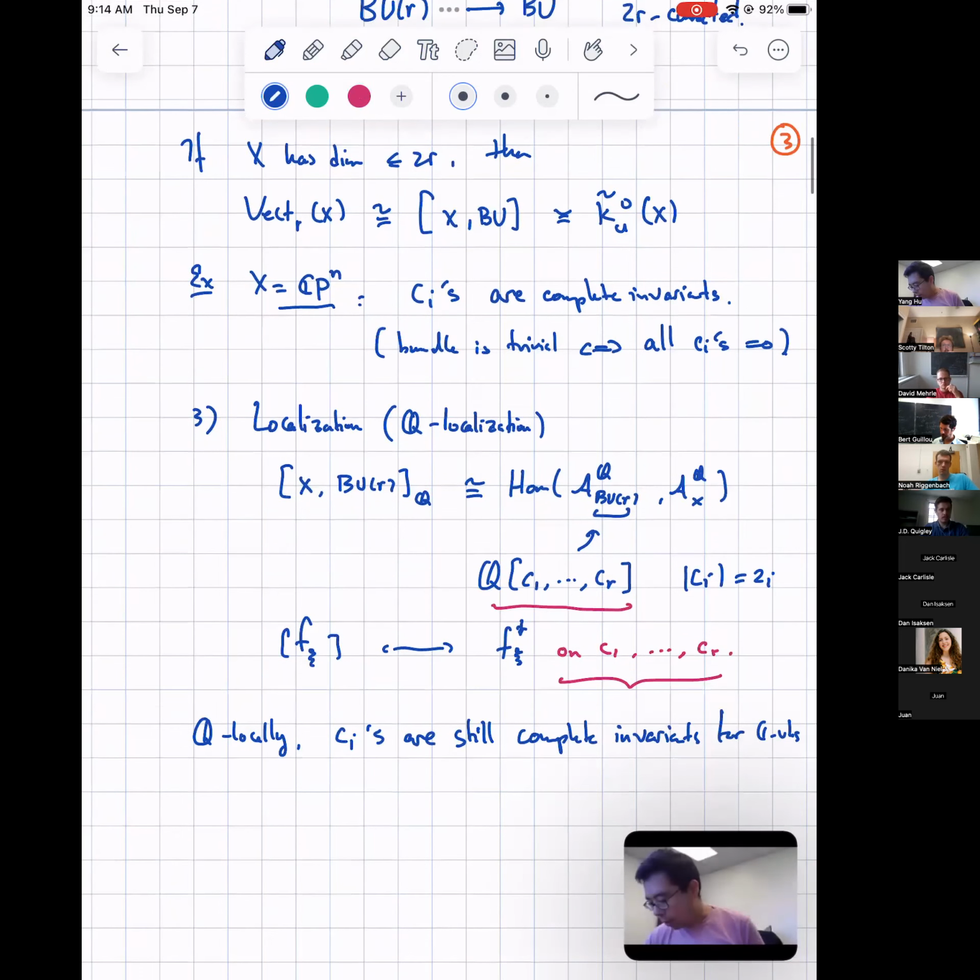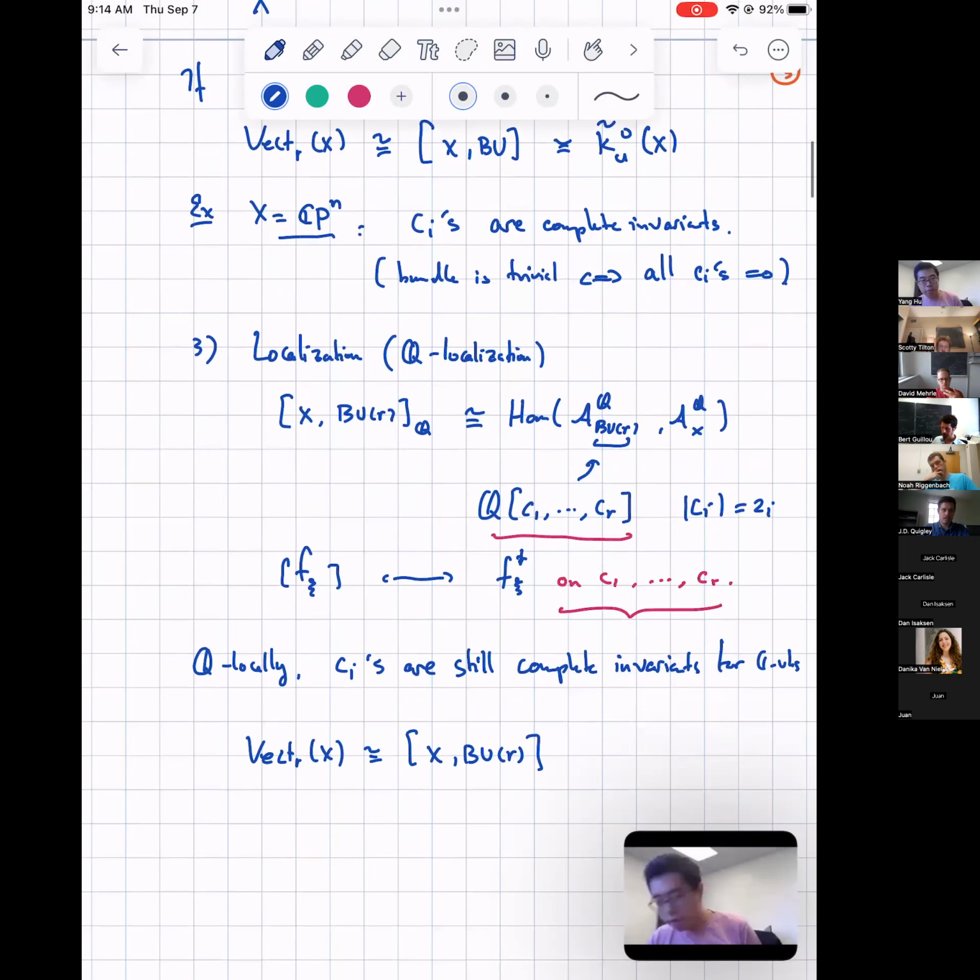Okay. However, this is not true integrally, as we have seen in the previous example. So in general, this Vect_R(X), which is homotopy classes of maps from X to BU(R), if we don't do any localization, and if we work unstably, becomes much harder to compute and to detect.